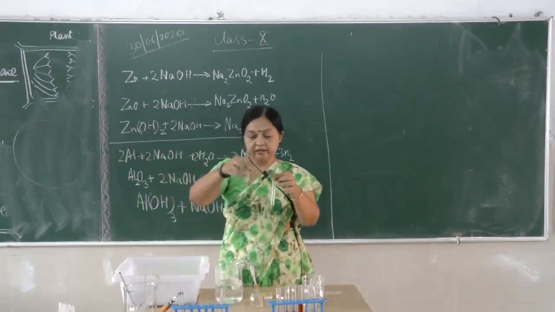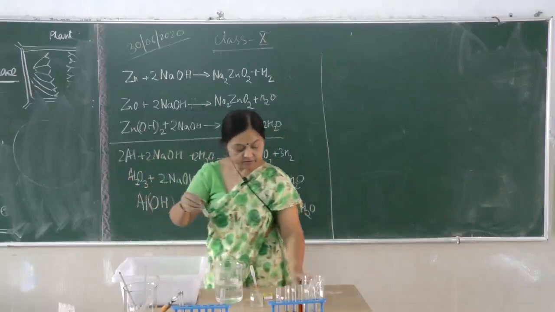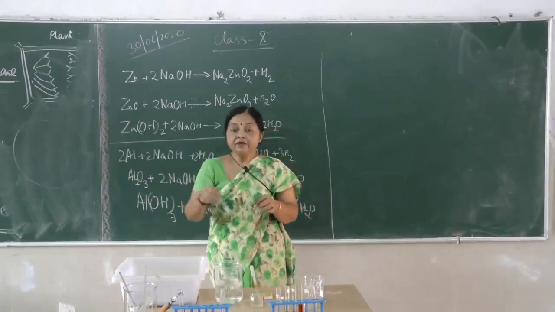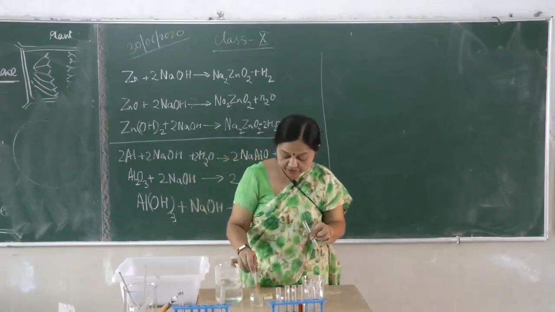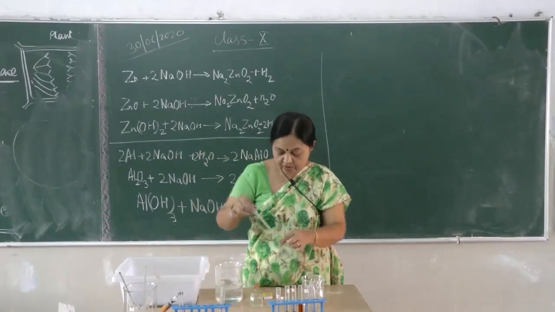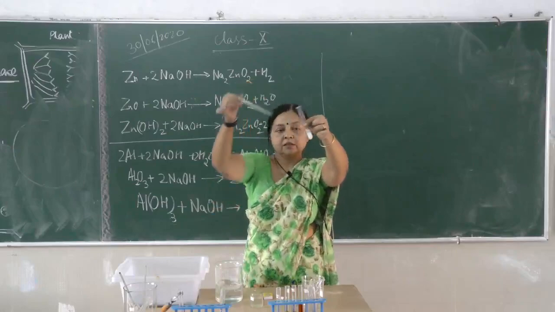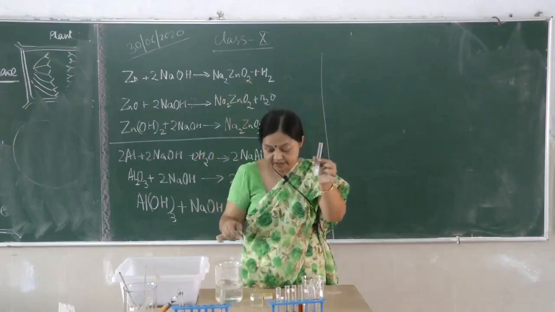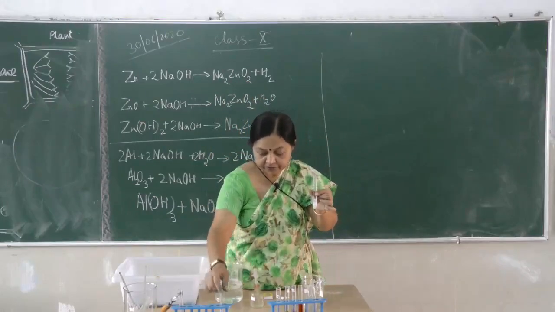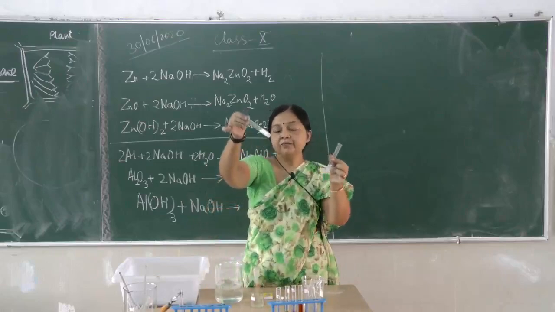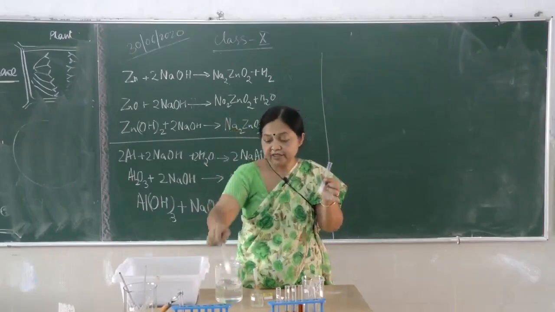I am decanting it, it is soluble, it is dissolved. So in this we will add NH4OH. A gelatinous white precipitate is formed. See the difference. This is the chalky white, but both are white. That is why it is not a distinguishing test.